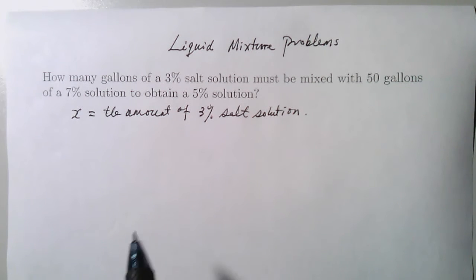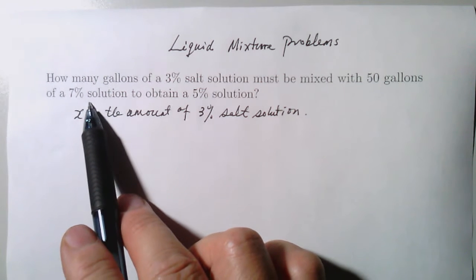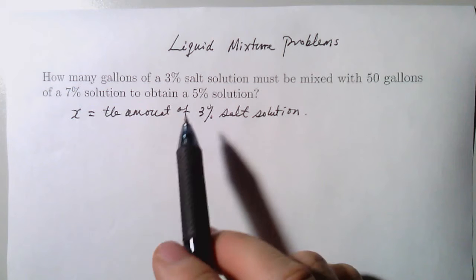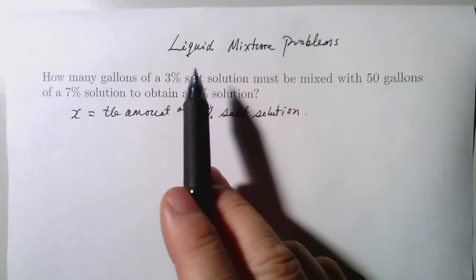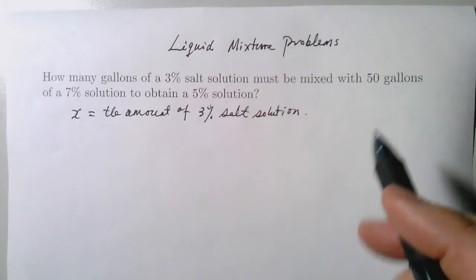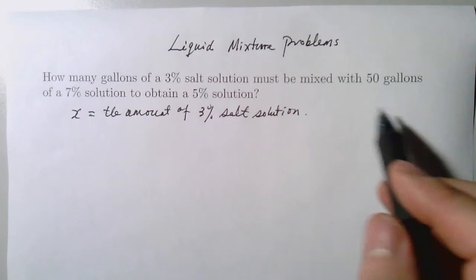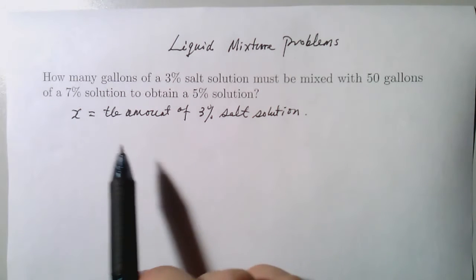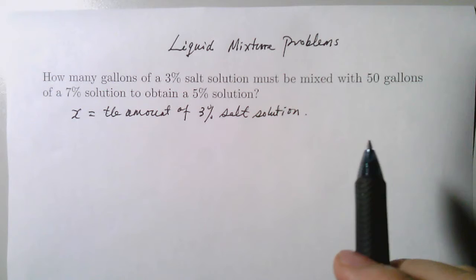Here you mix two different kinds of solutions, find the total amount of salt in these two solutions, and then find the amount of salt in the mixture. The amount of salt before and after mixing must be the same.